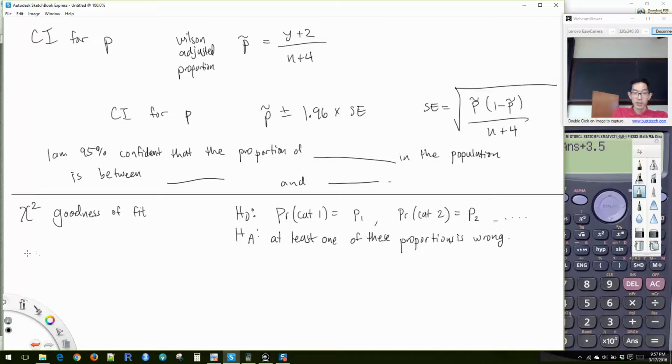You have your observed values, and they're all counts.